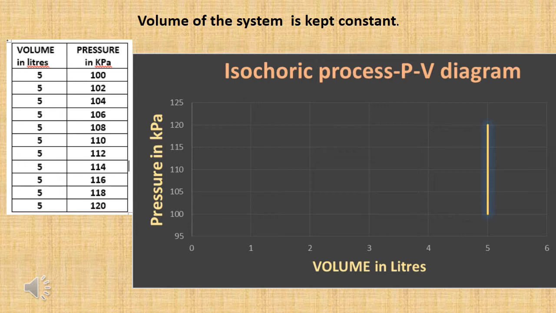Volume is taken along the x-axis and pressure is taken along the y-axis, and you could see a vertical yellow line that is parallel to the y-axis. Exactly at 5 liters, you can see the increase in the pressure. That's why you are getting the vertical straight line that is shown in the graph in the case of the PV diagram.